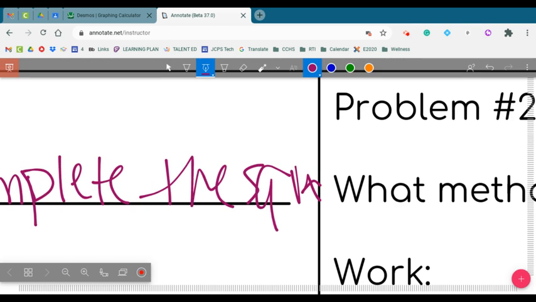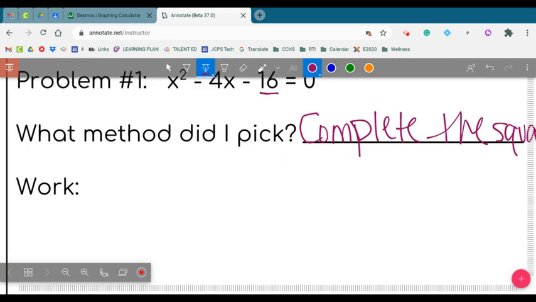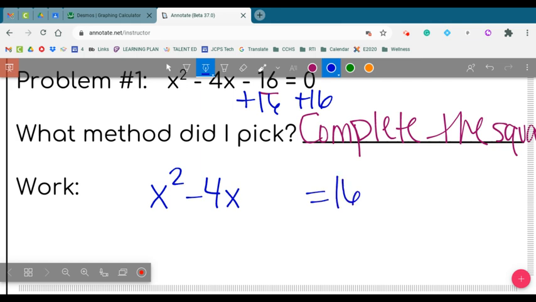Oh my goodness, I cannot write right now, you guys. Okay. So to complete the square, we're going to add 16 to both sides. I'm just going to start it up here since I don't feel like rewriting it down here. x squared minus 4x equals 16.